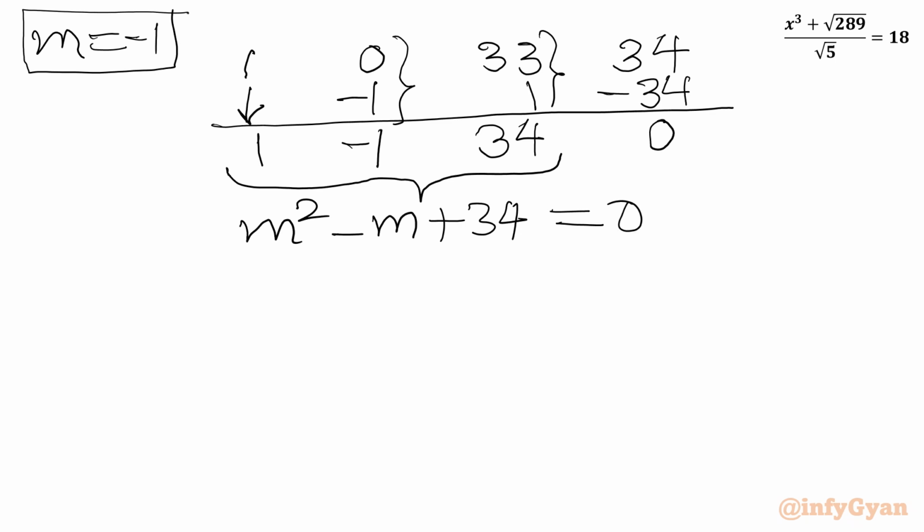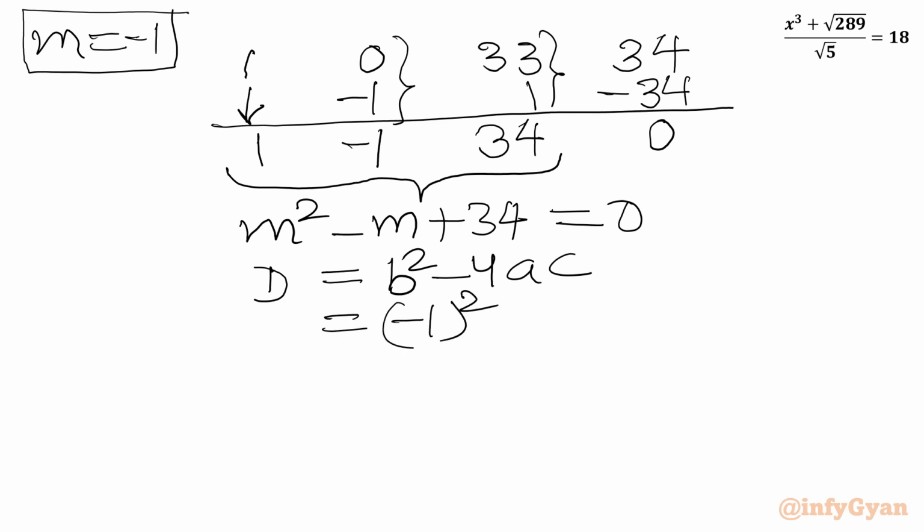Again I will check the discriminant value. So if I write here d, this is as per formula b square minus 4ac. So b is negative 1 here. So negative 1 square minus 4 times 1 times 34. So we will write here 1 minus 4 times 34. This is 136.